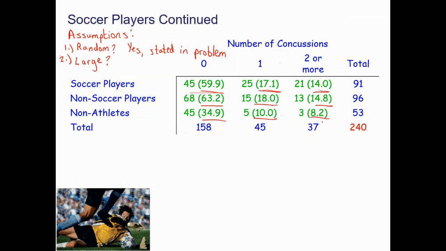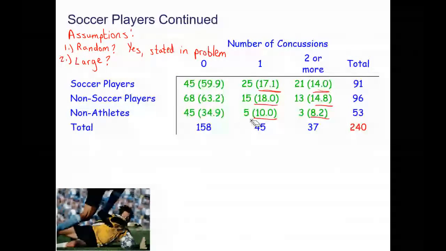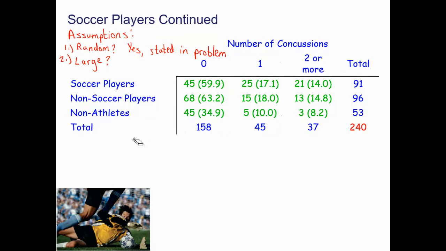So now that we have a large sample, we're good to proceed. But being that we combined columns, that means we've changed our degrees of freedom. So we have to get a new degree of freedom. New DF.